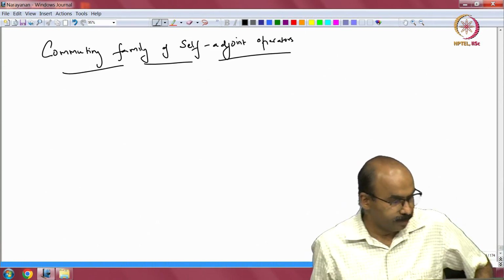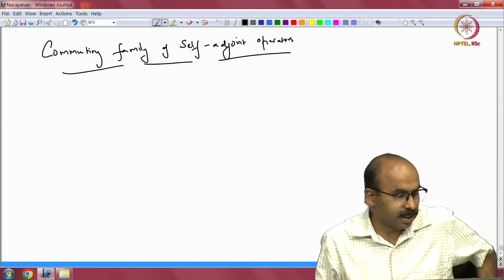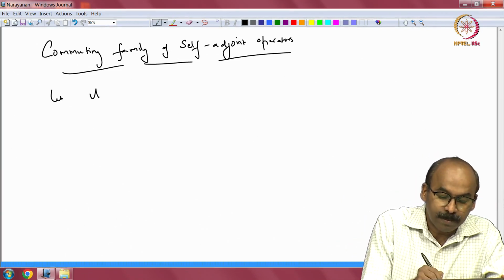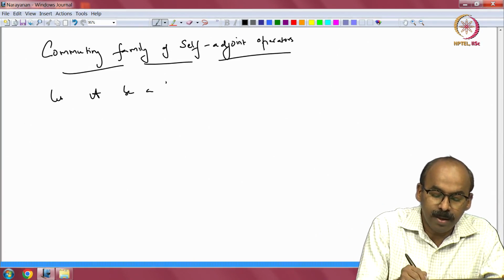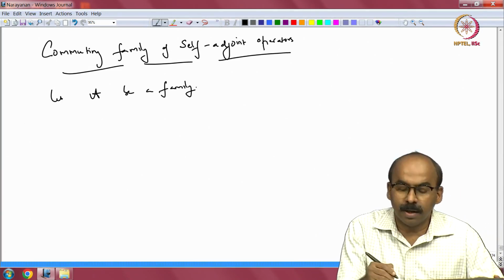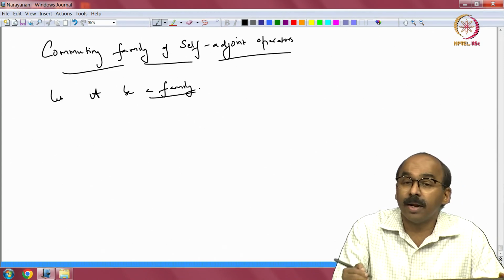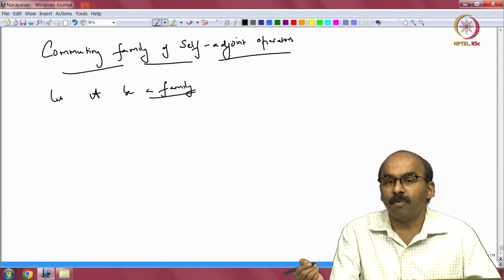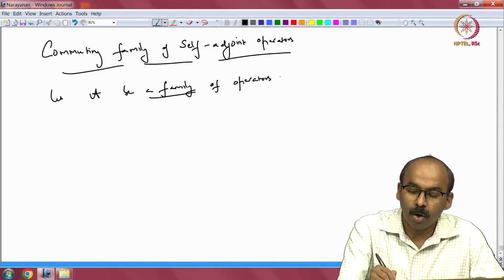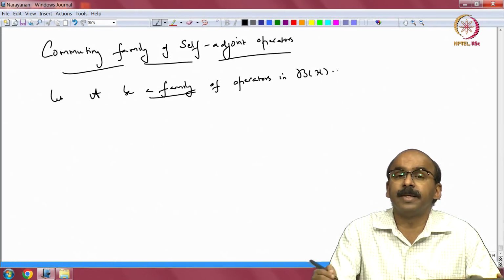Before we get on to this, let us define some things. Let script A be a family of operators in B(H). It is a family, not an algebra. Some collection of operators in B(H), bounded operators on the Hilbert space H.